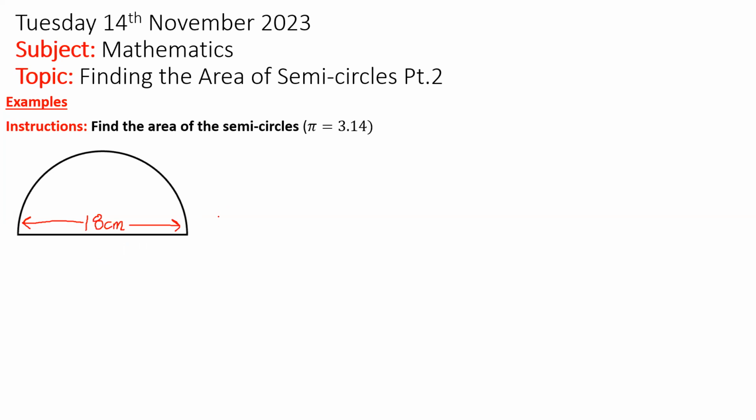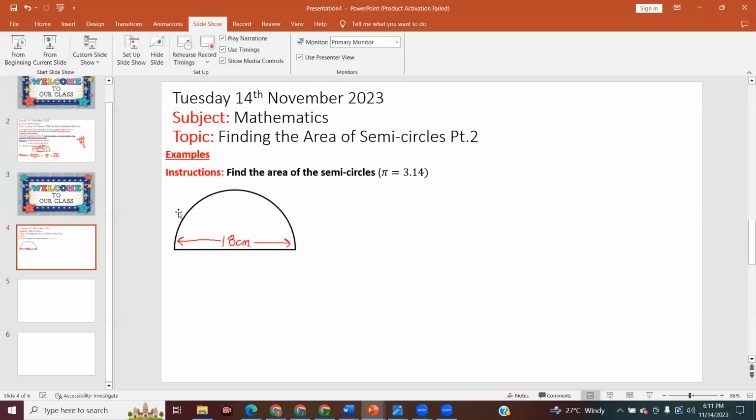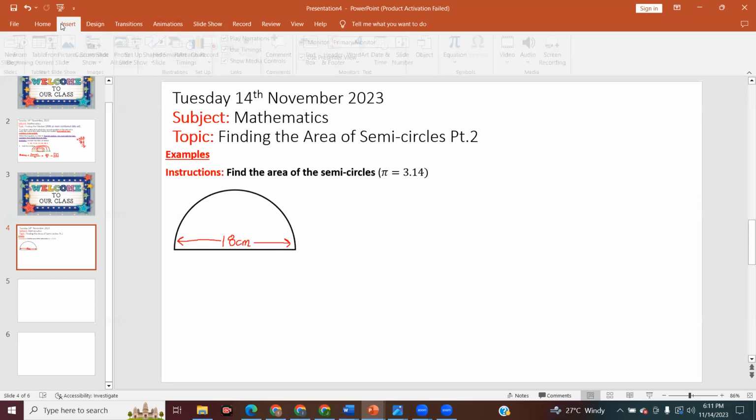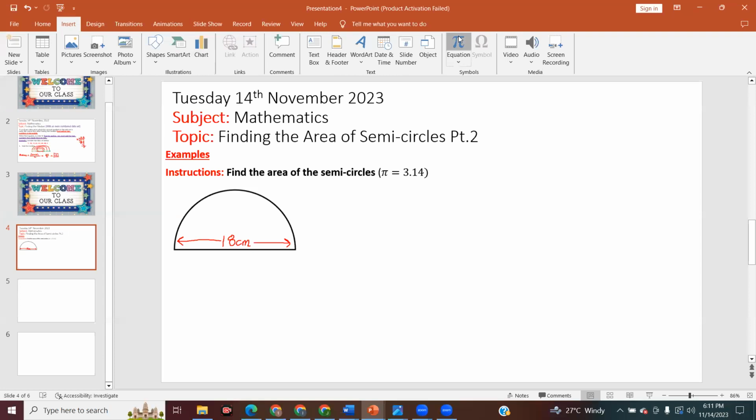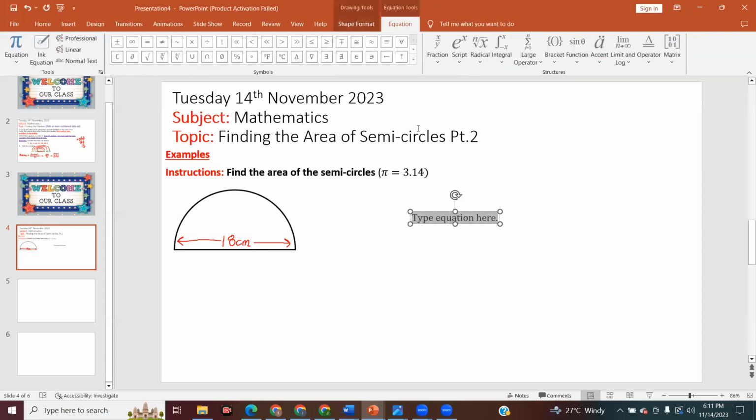All right, so the first thing we need to do is figure out the area of this semicircle. Now, what formula do we use for the area of the semicircle? Remember the formula? Pi r squared divided by 2. So let's make a note of that.